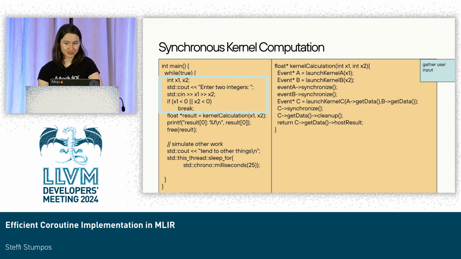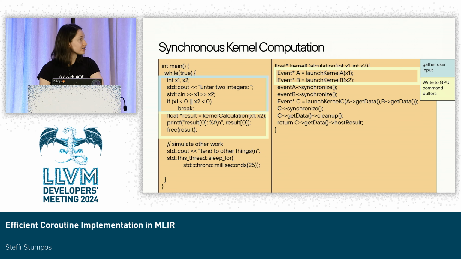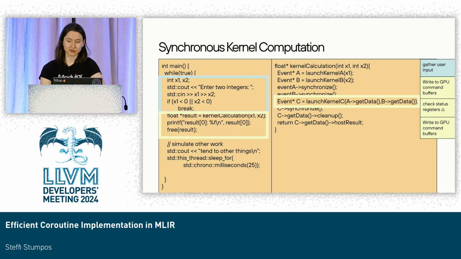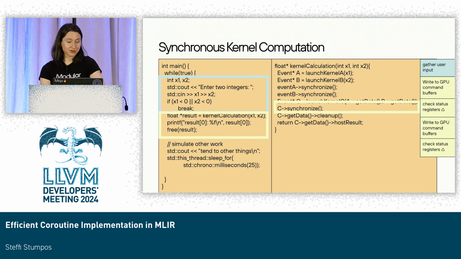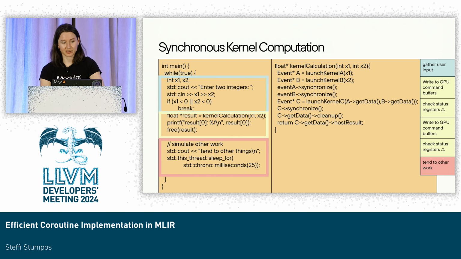So the first task, gather user input, then we're going to kick off some kernel computation by writing the command buffers, and then we're going to spend a bunch of cycles just checking status registers. And finally, they'll be done, so then we're going to write some more commands, and then we're going to spend some more cycles just checking the status registers, and then finally, it'll be done, and we'll simulate some other work.